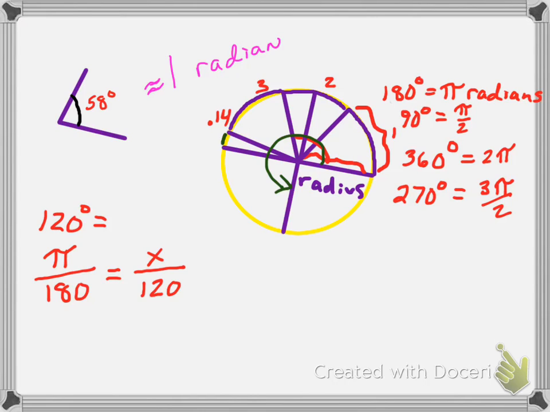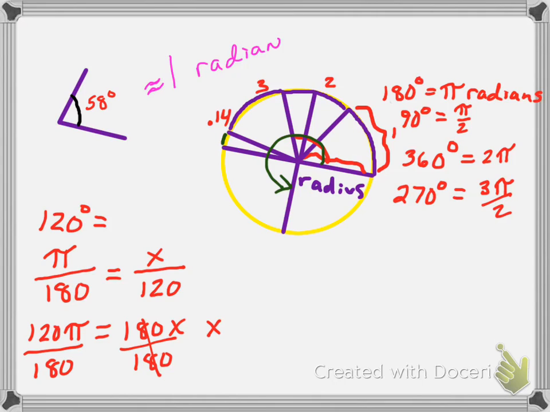If you're good with unit conversions from science, setting up these proportions, great. Cross multiply. 120 pi equals 180x. Divide by 180, and you have to simplify your fraction. 120 over 180 reduces to 2/3.